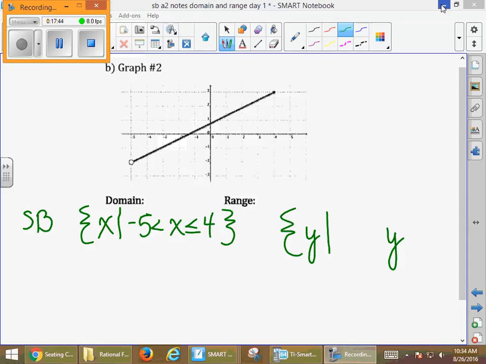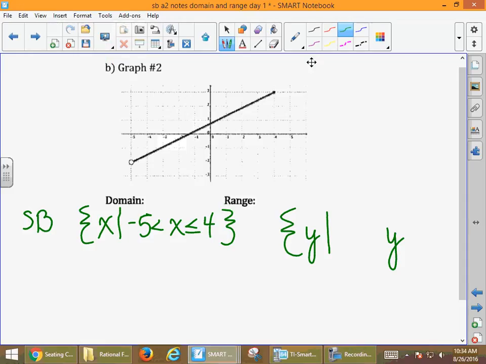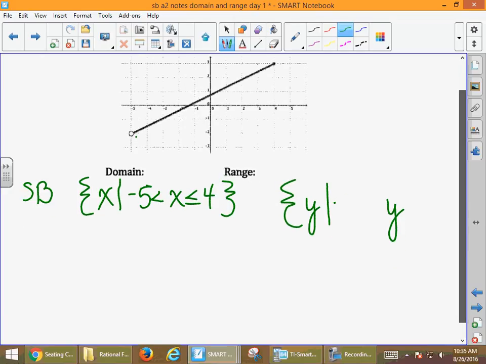Well, we need to find our smallest y value, and our smallest y value is going to be at -2. And our biggest y value is going to be at 1, 2, 3. So we're going to be in between -2 and 3.